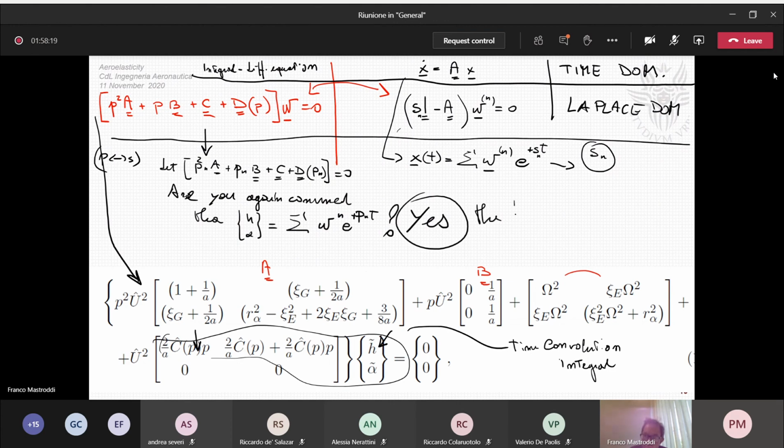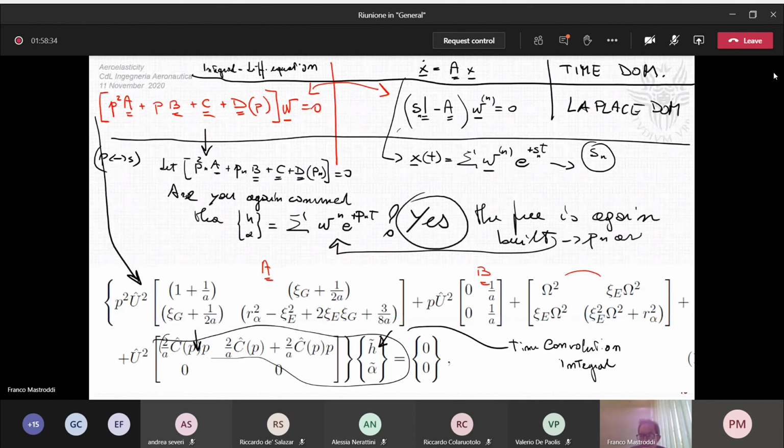The free solution is again built in this way, and therefore Pn are significant for stability. Again, also if you have an integral differential equation, it's okay.